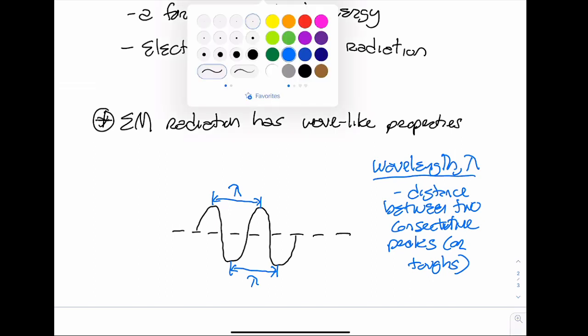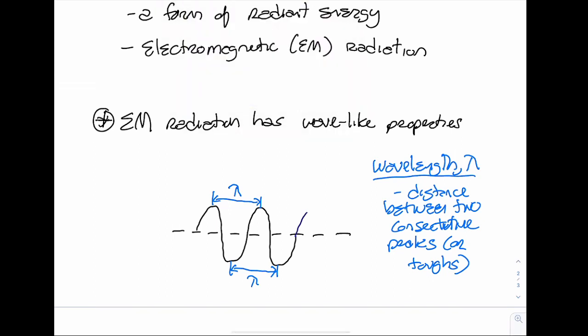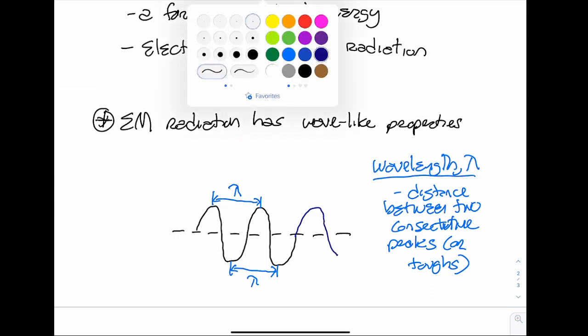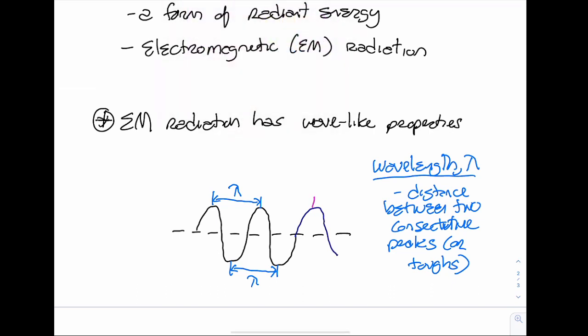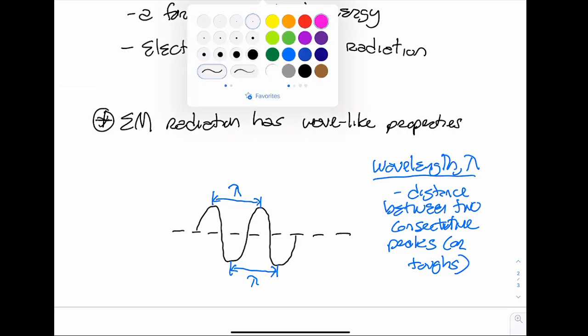If I was to draw another one on here, the distance between here and here should be the same as this one. Again, I am not a great artist, so please look at pictures. I'm going to erase this second part that I added because those distances should be the same, and I don't want you to have to look at it with it not being the same.